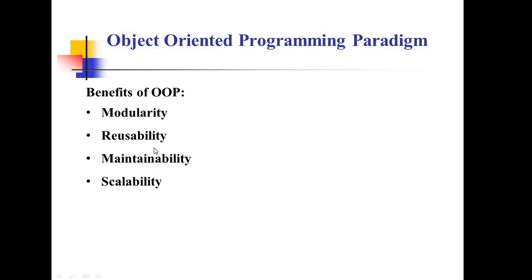And next one is maintainability. Maintainability means what? Object oriented programming promotes code that is easier to maintain, debug, and extend. Next one is scalability. Object oriented programming allows for easier expansion of the code as requirements grow or change.